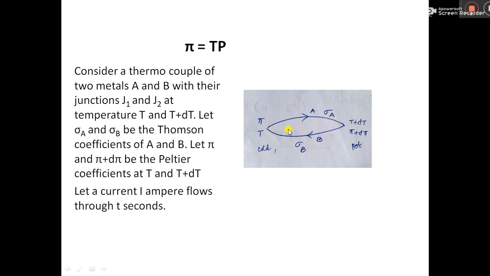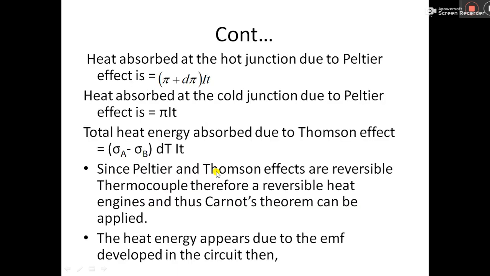Let sigma A and sigma B be the Thomson coefficients of A and B. Let pi and pi plus d pi be the Peltier coefficients at T and T plus dt. Let a current I amperes flow through T seconds.